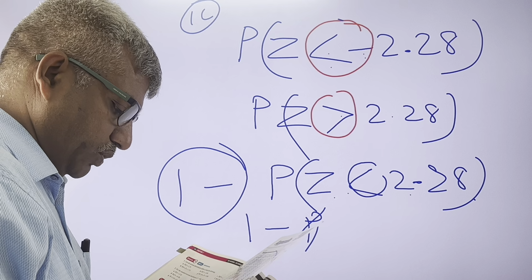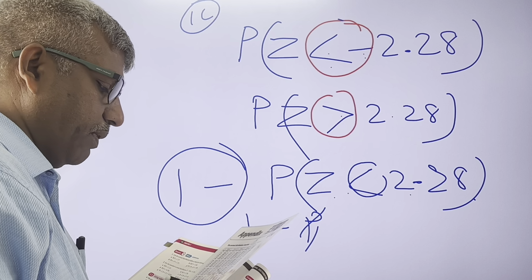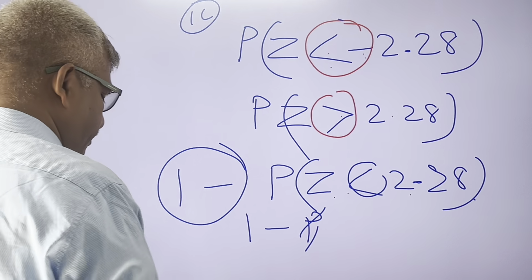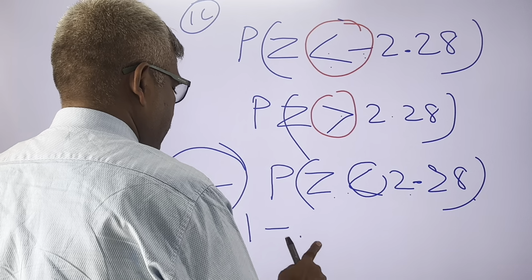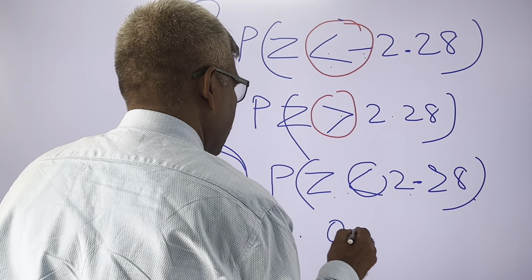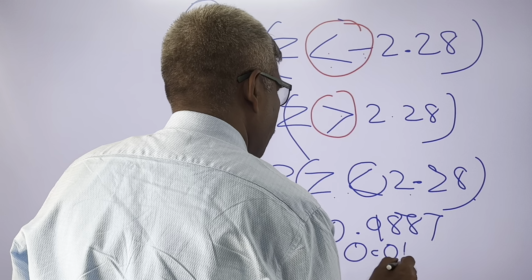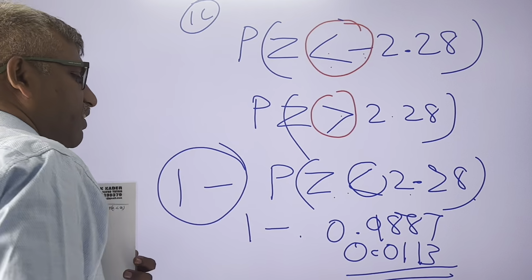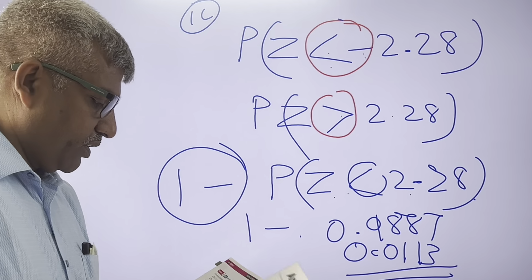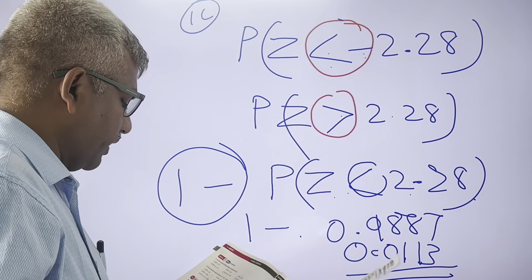Here is 2.28, 0.9887. 1 minus that is 0.0113. Got it? Okay.